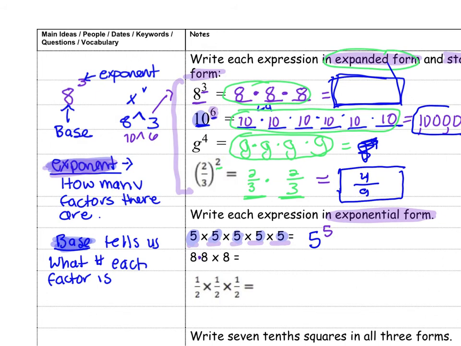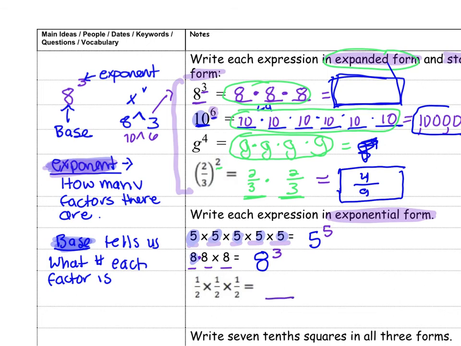So in exponential form, my base is what the factors are. So each of my factors is 8. So 8 is going to be my base. And how many are there? That's going to be my exponent. There's 1, 2, 3. Okay, so we have our base.